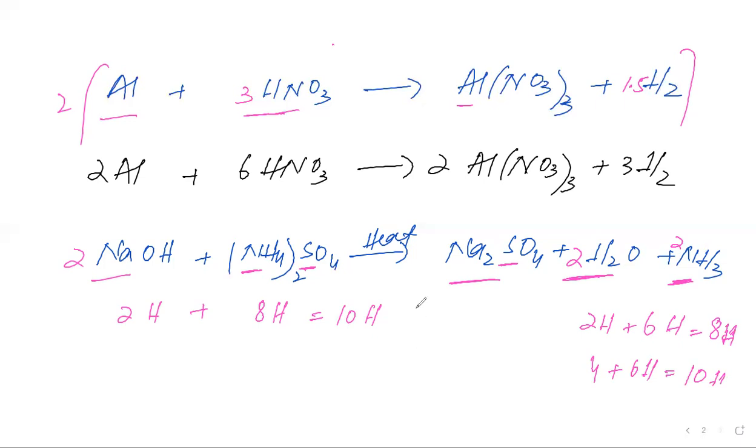Now let's check oxygen. Oxygen 4 and this 2. This O is being multiplied by 2. So there are 6 oxygen at the reactant side. At the product side 2, and this oxygen is also being multiplied by 2. So 4 and 2, 6. So total number of oxygen atoms are 6 at the product side.